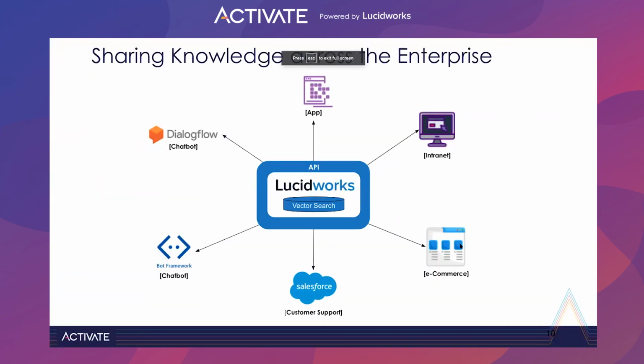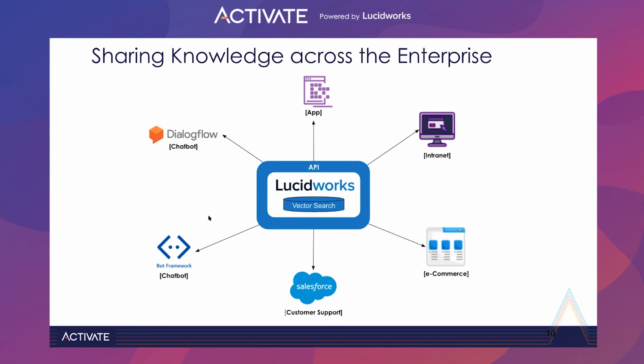So I just wanted to leave you with one other thought too. Putting the semantic vector search engine at the center of an organization, there's some value in doing that. One is that you could keep your chatbot frameworks a little more lightweight and have more predictable, consistent results across these various user interfaces.